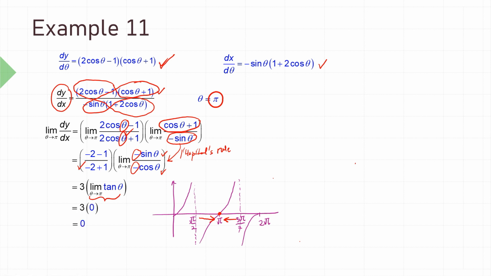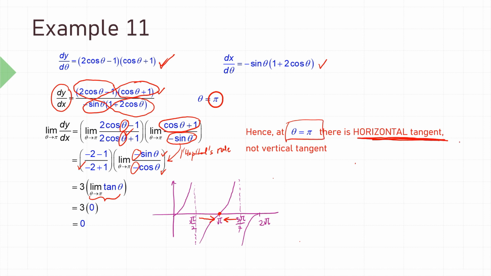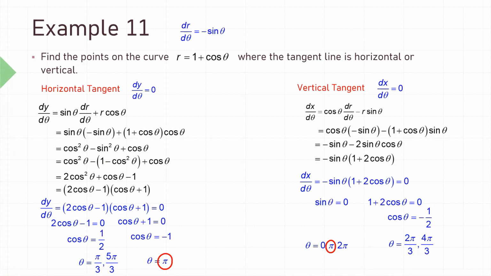Since the limit of dy over dx as theta approaches pi is equal to 0, therefore at theta equal to pi, it's actually a horizontal tangent, not a vertical tangent. So we don't have it there.